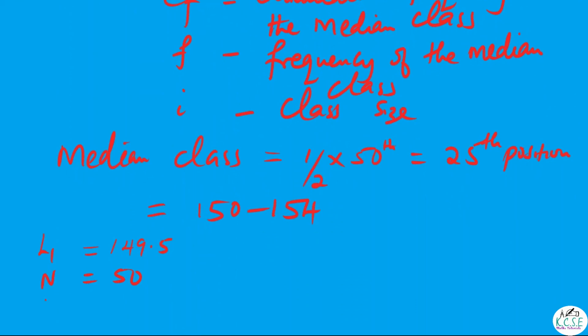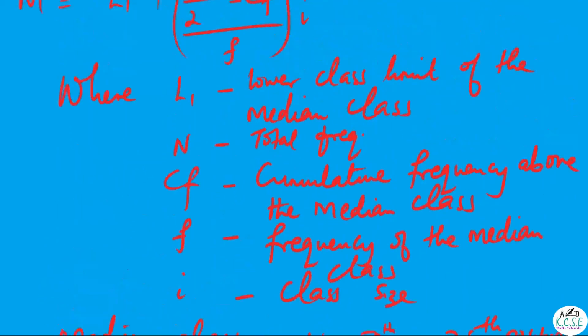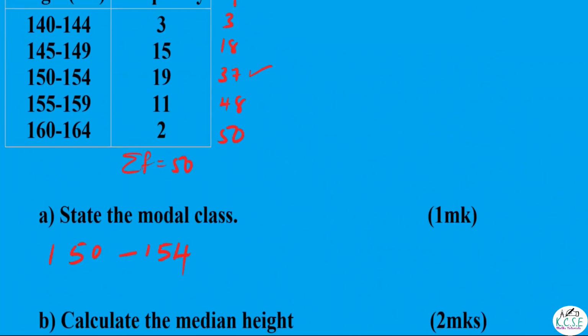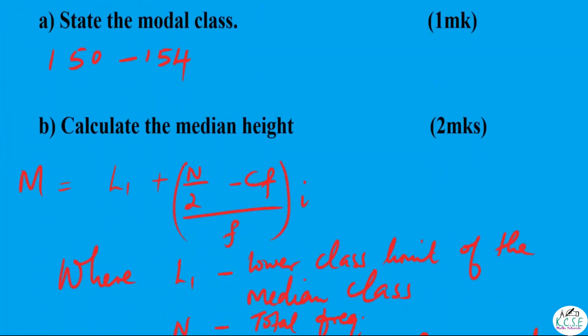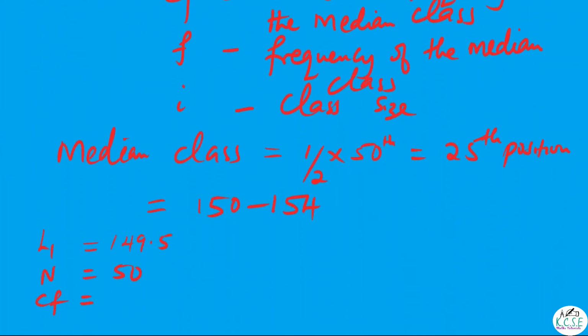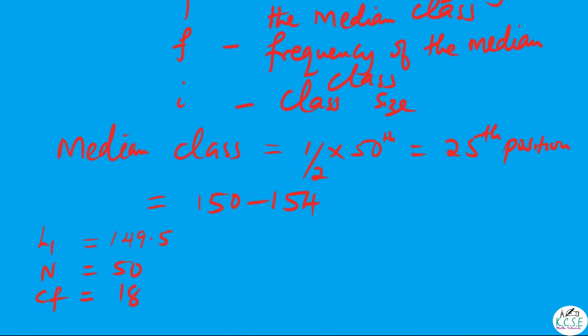Then the cumulative frequency above the median class, 150 to 154, is 18. So CF is equal to 18.